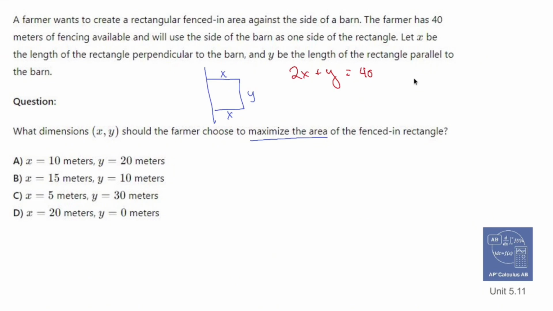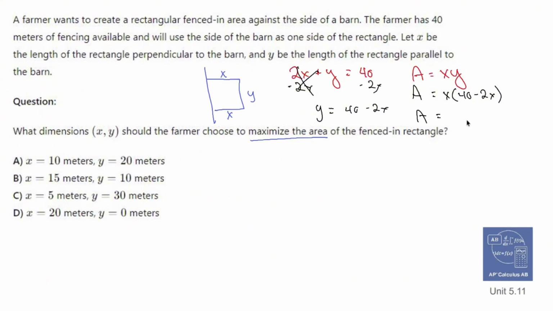I'm also supposed to maximize the area, so the area is going to be x times y, which means I'm going to want to take the derivative of this. But I can't because I have two variables. Oh, but you know what? Since I have this information, I could just subtract 2x from both sides to get y equals 40 minus 2x, and then replace that y with 40 minus 2x, and then I have one variable.